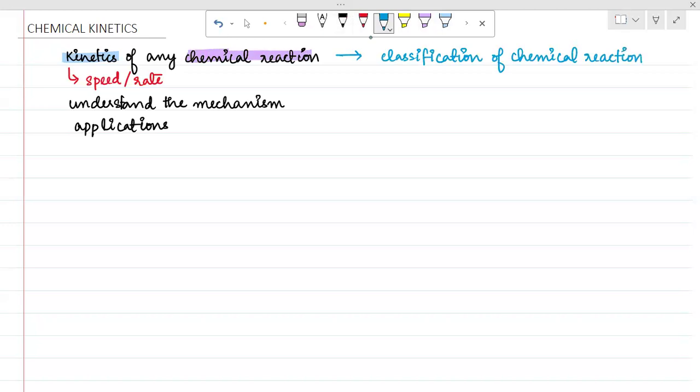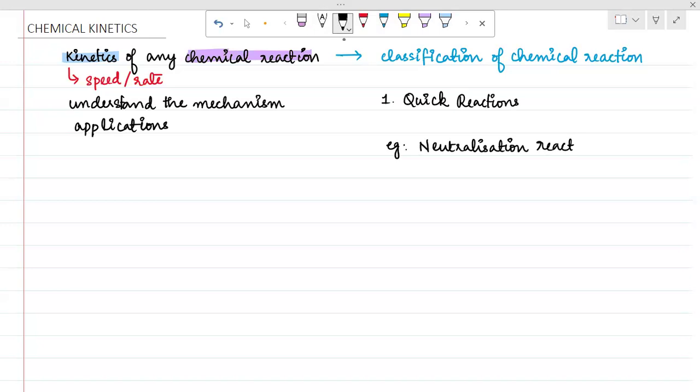Based on the speed, the chemical reactions are classified into three. First one, quick reactions. Quick reactions, meaning they happen very quickly. They're very fast. What is an example? An example of a typical quick reaction is the neutralization reaction.